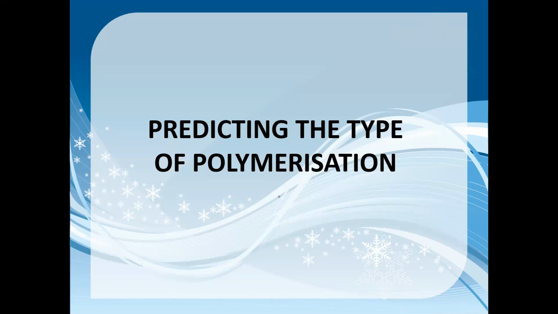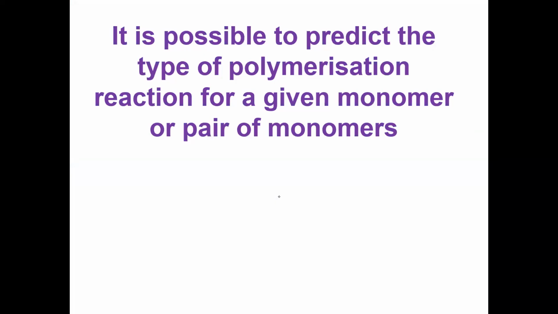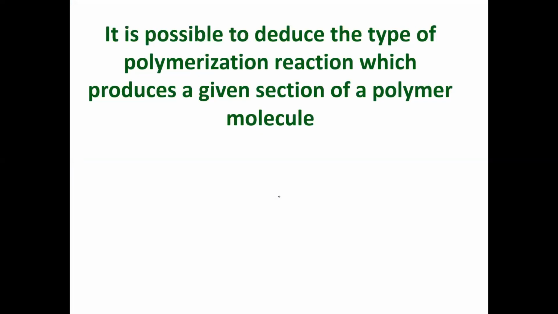This is again a type of interaction question. Predicting the type of polymerization. We have two polymerizations in our course. One is called addition polymerization, which is coming from AS. Second is called condensation polymerization, which is coming from our A2. So it is possible to predict the type of polymerization reaction for a given monomer or pair of monomers.